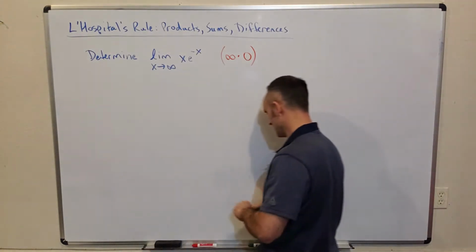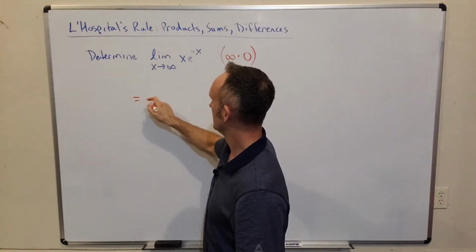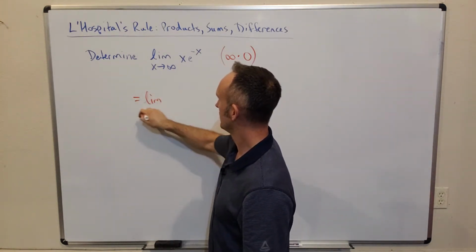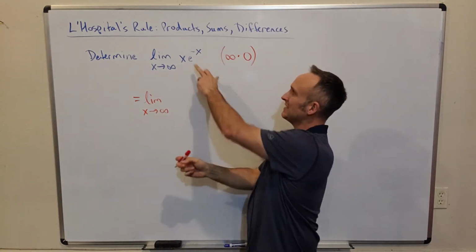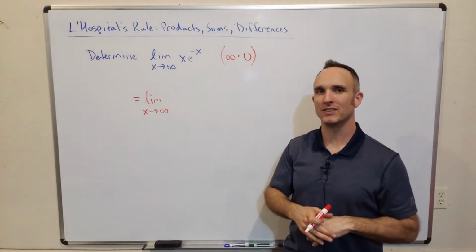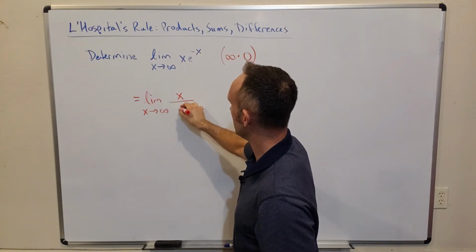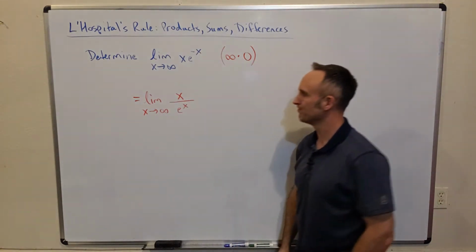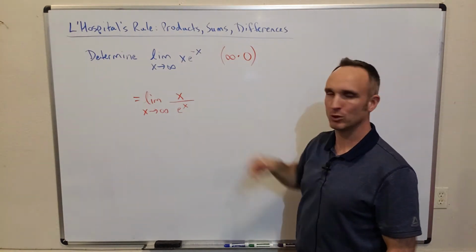And this one is pretty straightforward. This is the limit as x goes to infinity of, well, e to the negative x literally means divide by e to the positive x. So this is the same thing as x divided by e to the positive x power, okay? And upon examination here, we now have a quotient.